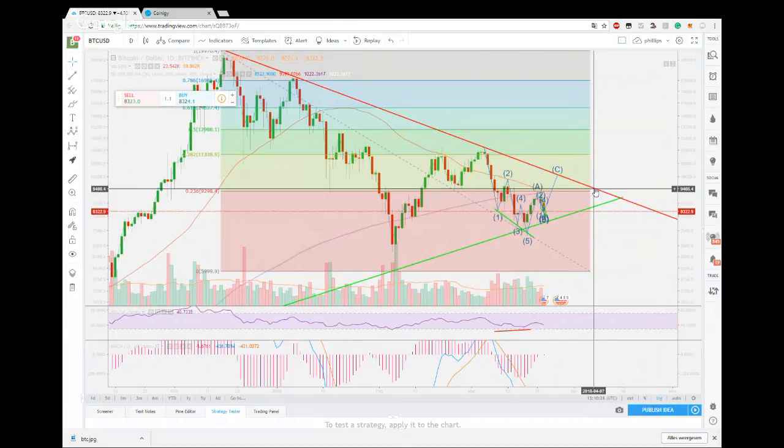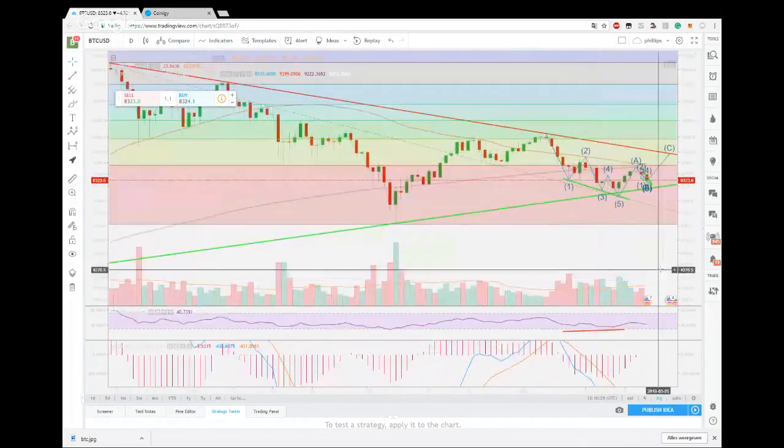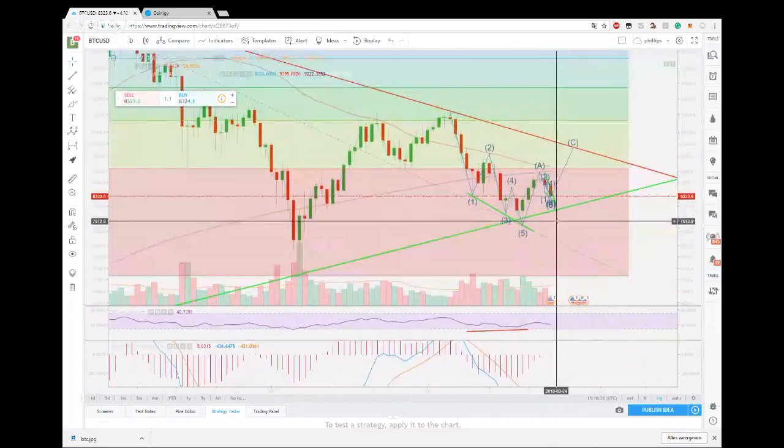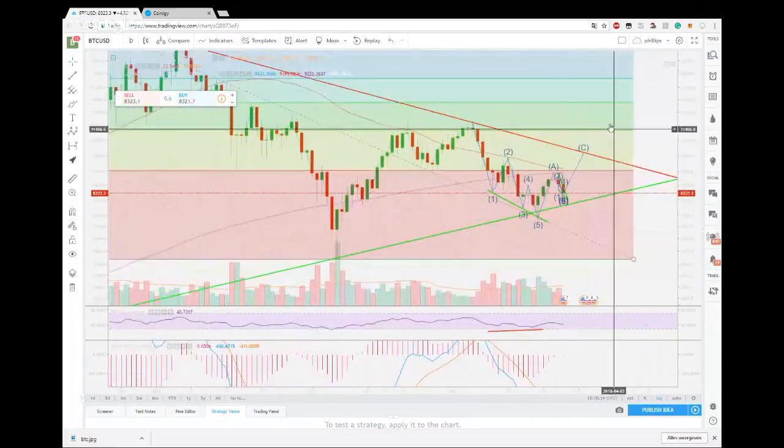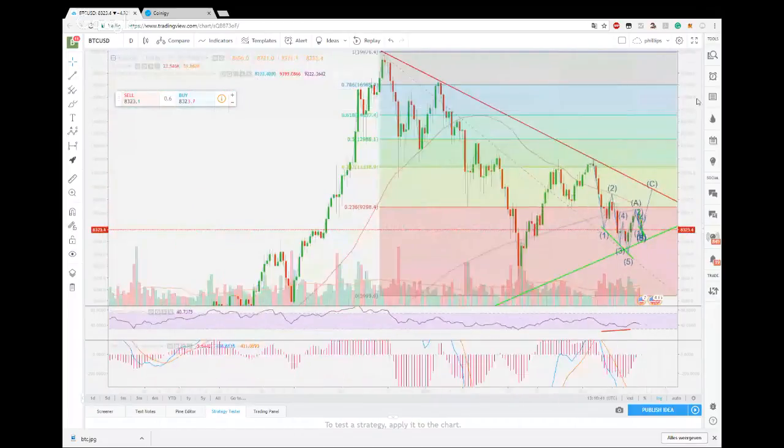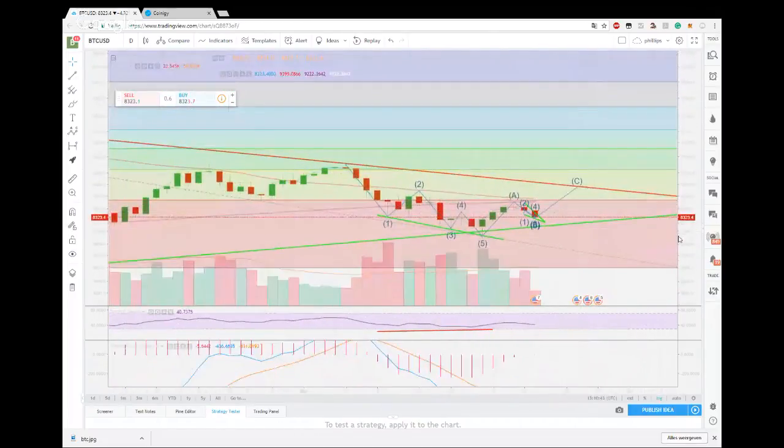And the breakout direction will, in essence, very much tell us what the coming year is going to be like. If we break above the wedge, we should all be good and we should be clear for 35,000 Bitcoin.